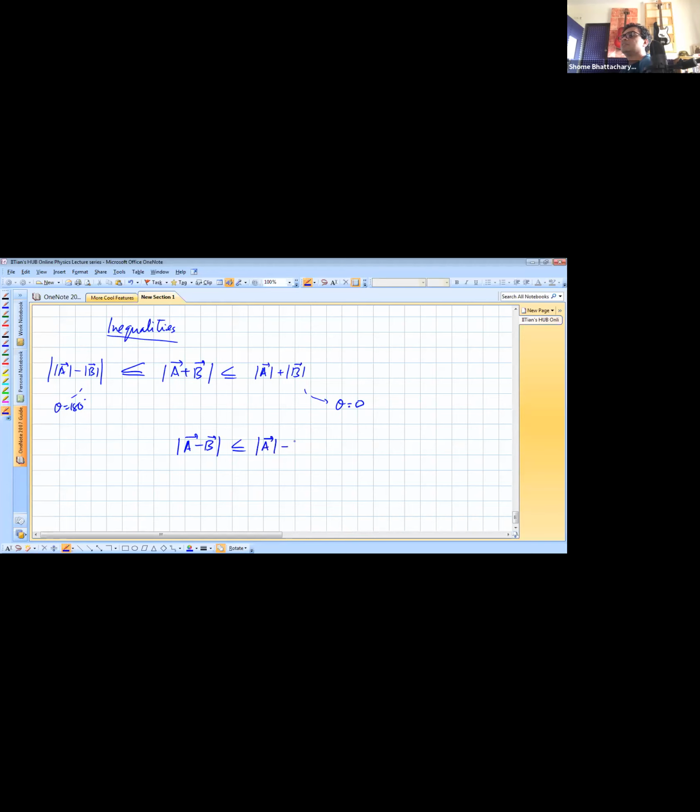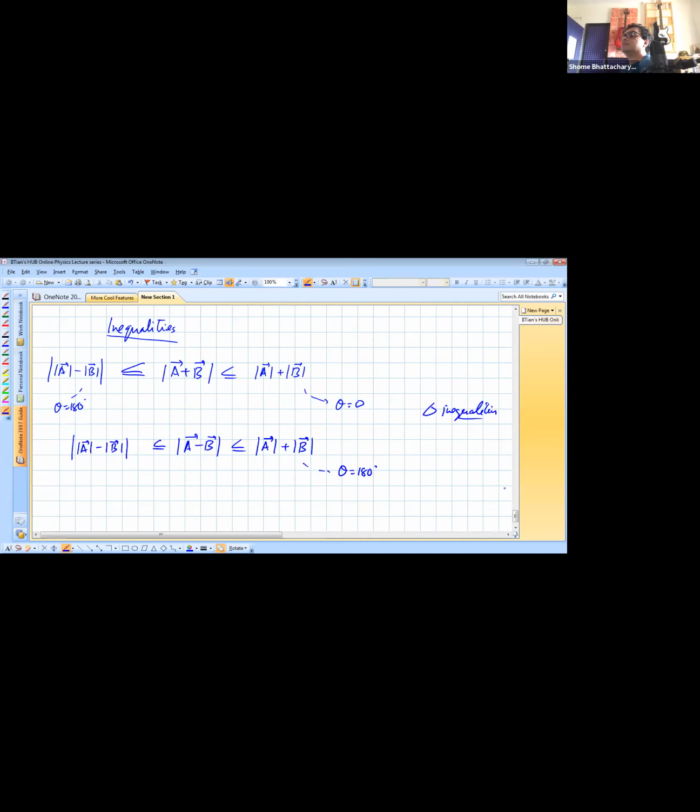But the difference is that for A minus B, the value is equal to this when theta is equal to 180. When they are anti-parallel, the difference actually results in the sum of the magnitudes. And when they are parallel, the difference actually results in the difference of the magnitudes. So this is the most general so-called triangle inequality theorem. These are called the triangle inequalities.